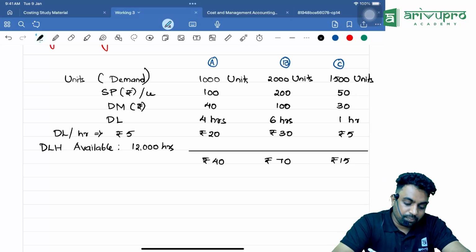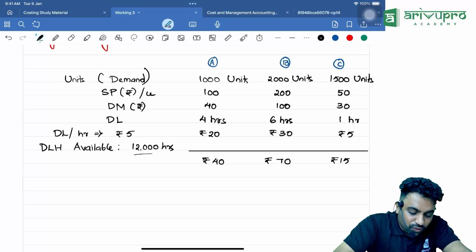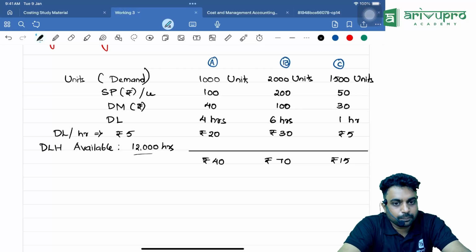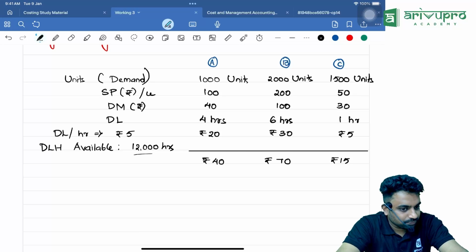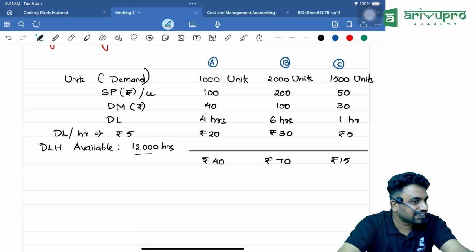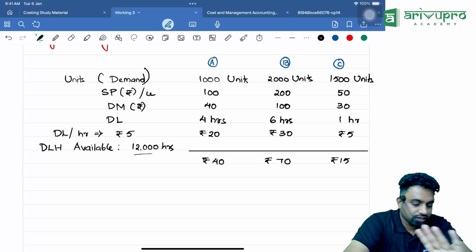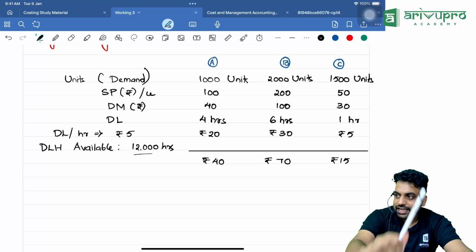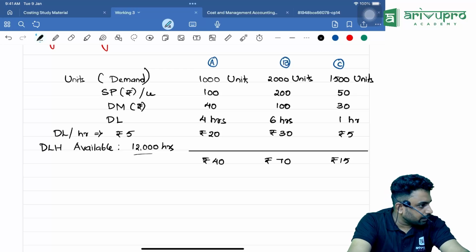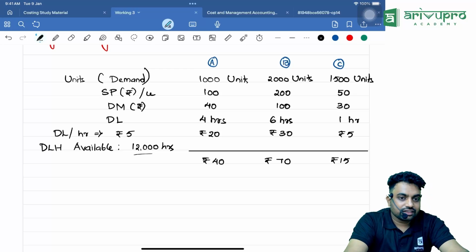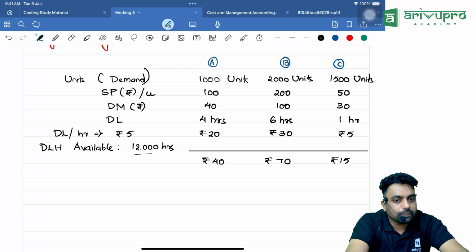Now the thing is, you have only 12,000 hours of labor available. Of course, you can produce all the three products. You have all the resource except labor. Because A will take 4,000 hours of labor, B will take 12,000 hours of labor, C will take 1,500 hours of labor.